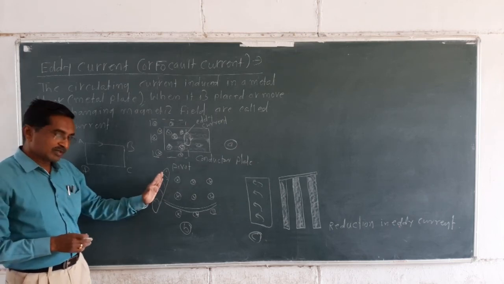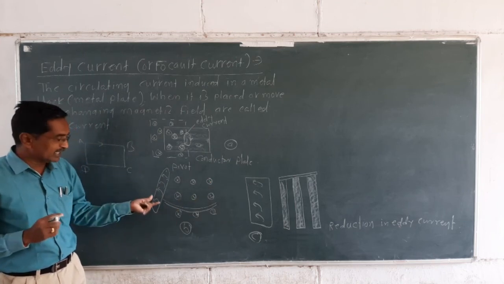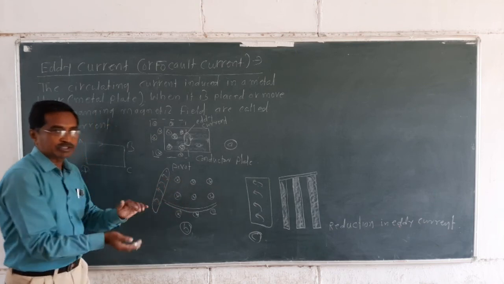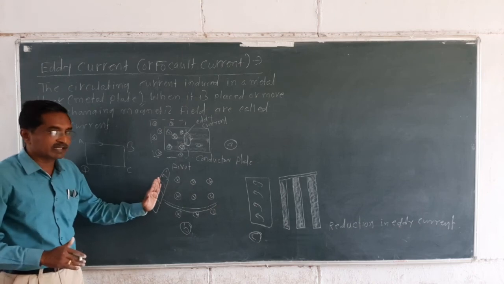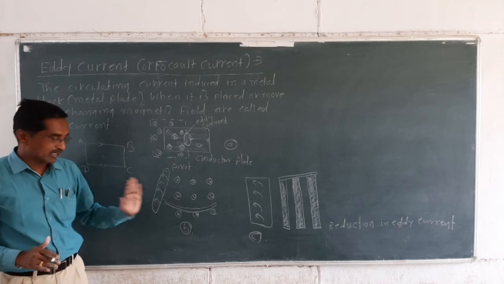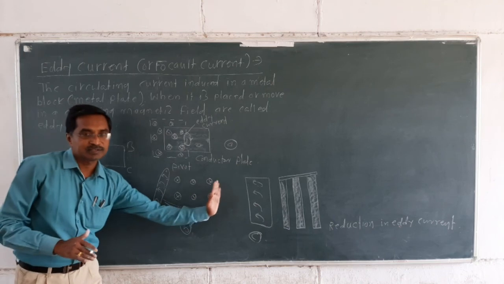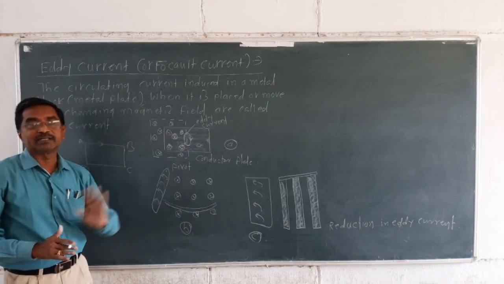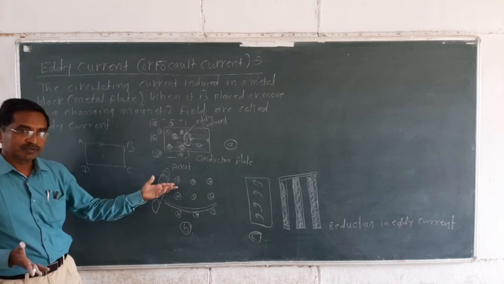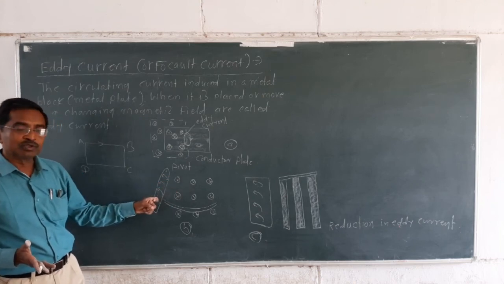So after a number of swings, finally there is no mechanical energy in this plate, because every time the induction produced here opposes, and finally the mechanical energy in this plate vanishes. So at the end, that plate does not move like a pendulum, it remains at rest. And so the mechanical energy gets converted into heat energy here.